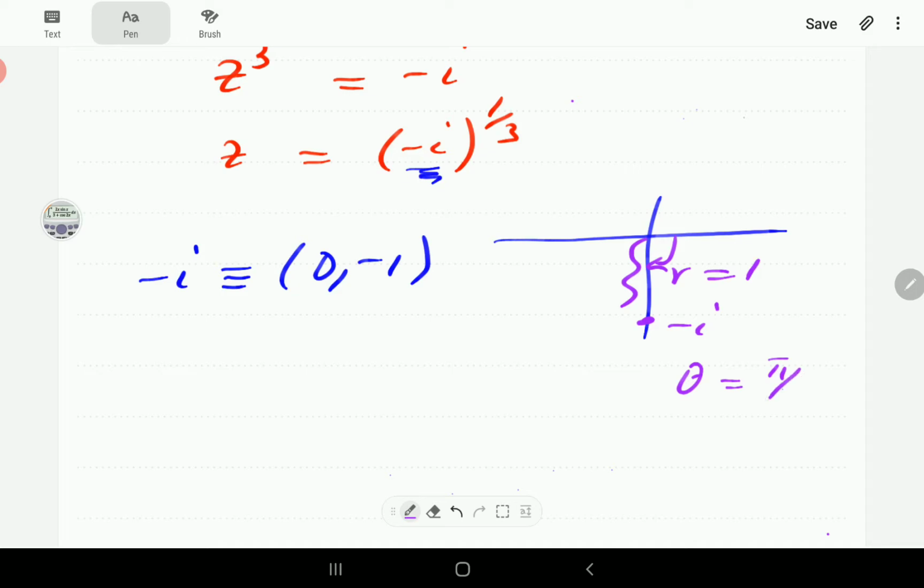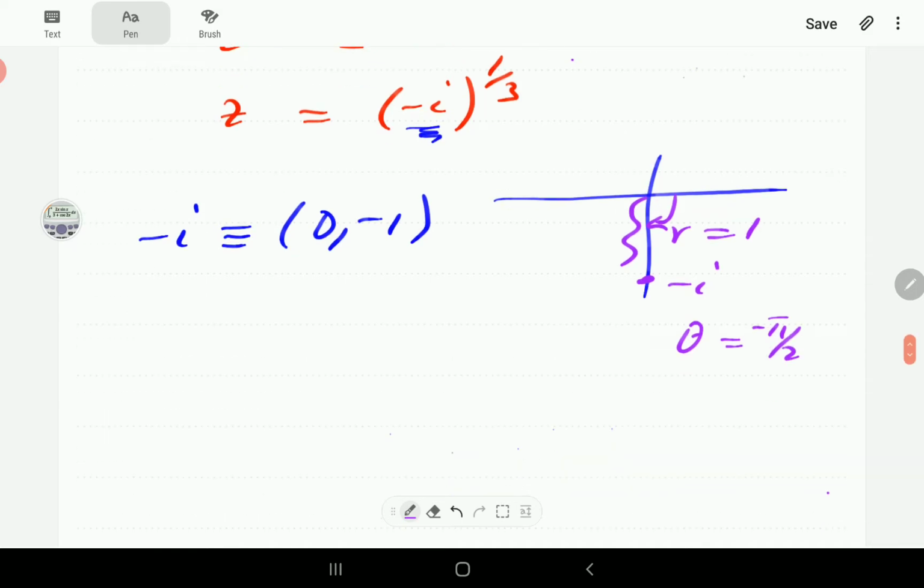So that means negative i we can write in exponential form as e to the i times (-pi/2 plus 2 pi k), where k is an integer.